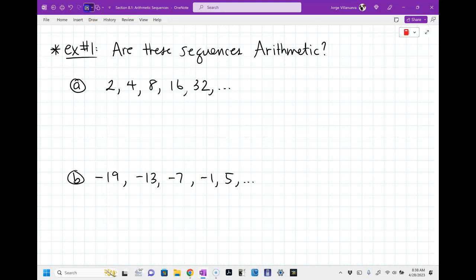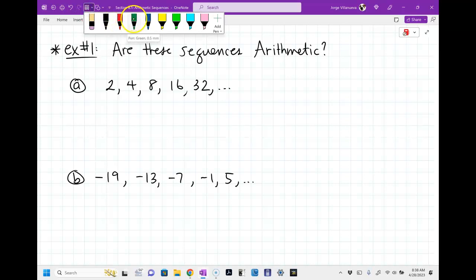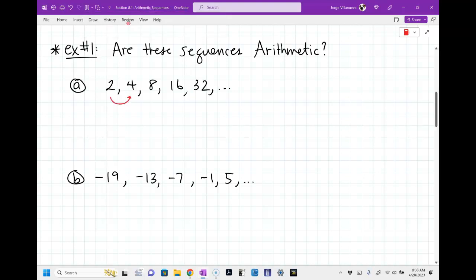So here we go. Let's go with the first one right here. 2, 4, 8, 16, 32. Okay, would you say that 2, 4, 8, 16, 32 either adds or subtracts the same number consistently? So from 2 to 4, what is it adding? Plus 2. What about from 4 to 8? And then 8 to 16?